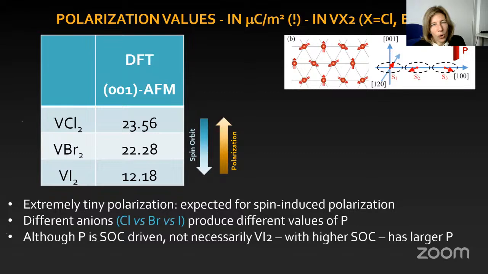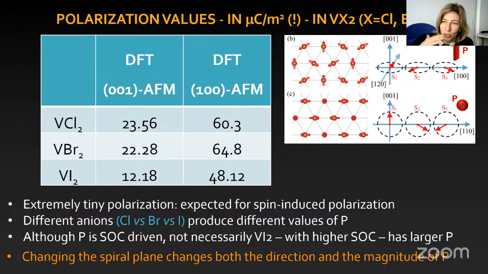And so we expected that nickel iodide, or vanadium iodide in this case, would have a larger polarization than vanadium chloride, which is not the case. Of course, if you kill spin-orbit coupling, everything goes to zero. So spin-orbit coupling plays a role, that's sure, but something else probably matters too.